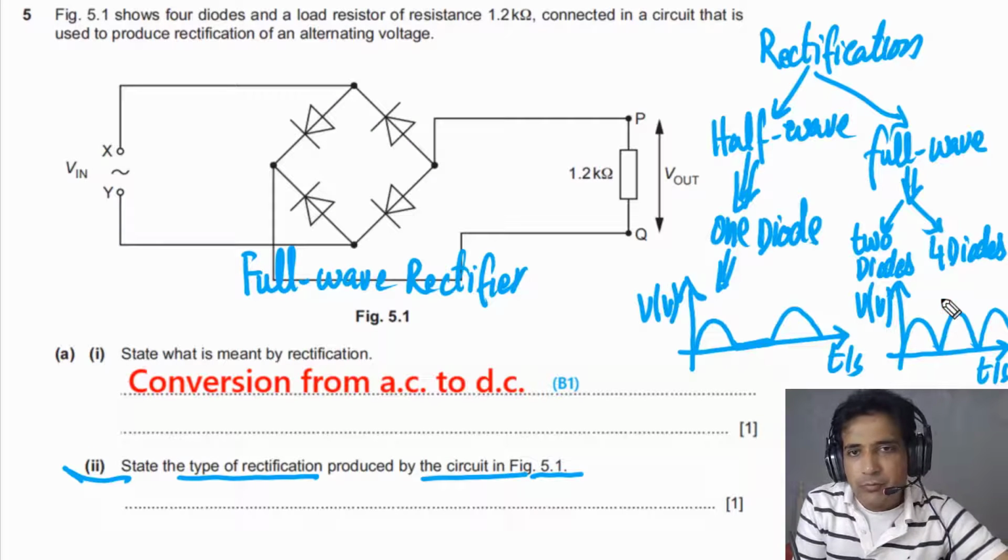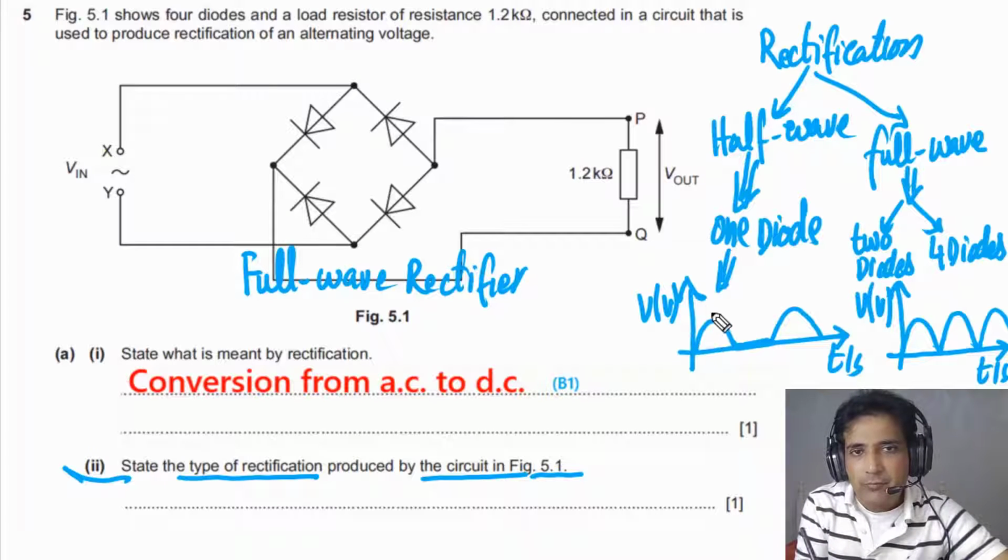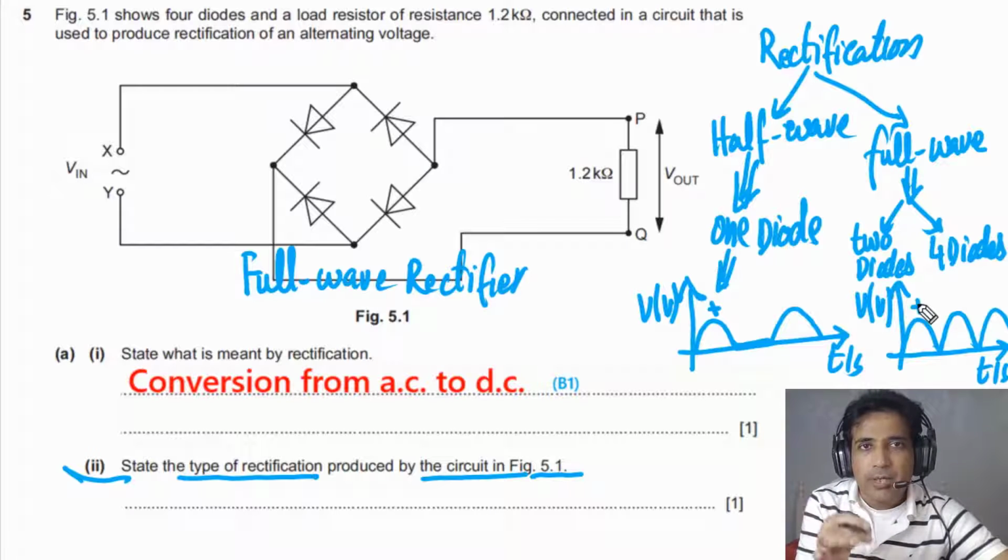But in full wave rectification, there is always voltage across the load resistor, but that voltage is changing with time. Looking at similarities, in half wave the voltage is always positive, and in full wave the voltage is also always positive. It simply means that current will enter the load resistor always from one side, so the direction of current in the load resistor will not change with time.